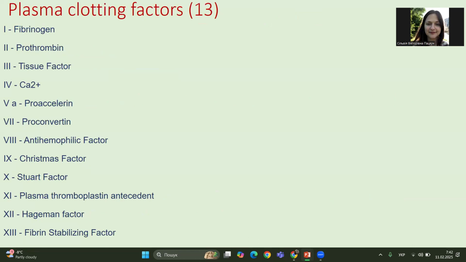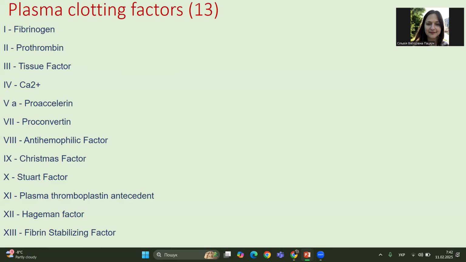Plasma clotting factors: first one fibrinogen, second prothrombin, third one tissue factor, fourth one calcium ions, fifth one proaccelerin, sixth one is absent. It was named at first, but then it was removed from the list, but the numeration of the list is saved.